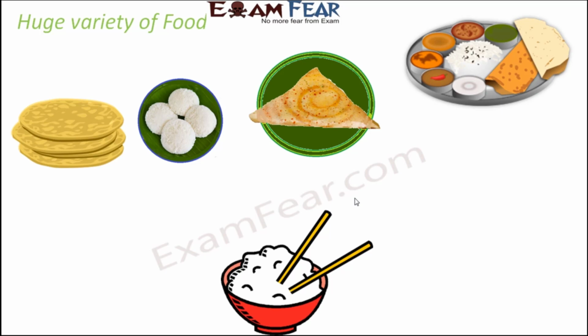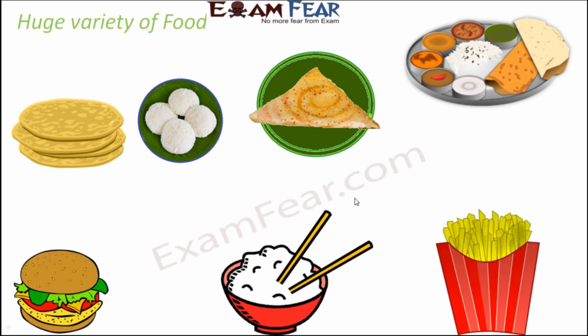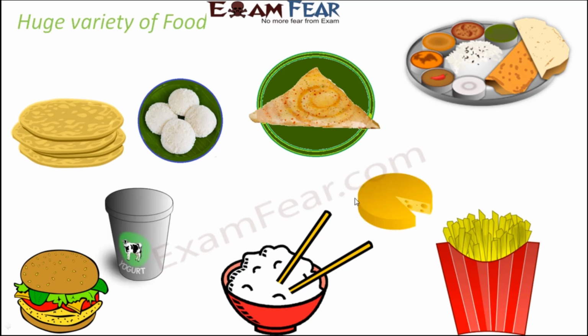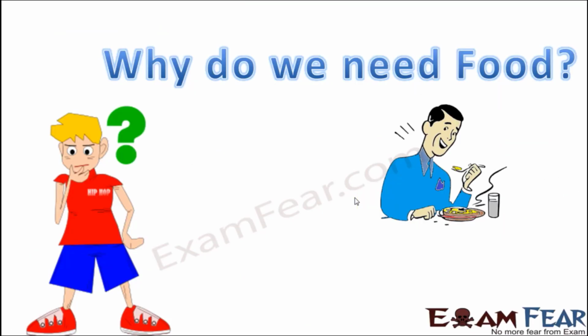So you see, a huge variety is there in terms of food. We also eat fast food like pizza, burger, and French fries. Curd and such are dairy products which are a part of our diet. We consume juices.